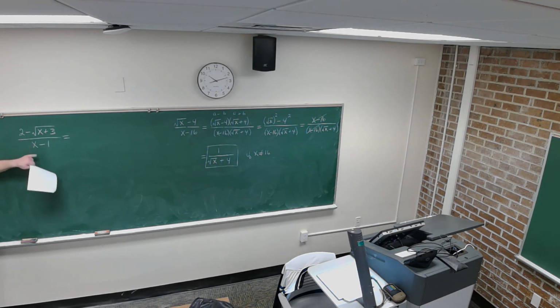You've got to get rid of the square root in the numerator. So what are we going to multiply top and bottom by? The conjugate of the numerator. What's the conjugate of the numerator? Change the minus to a plus. It's going to be 2 plus the square root of x plus 3.